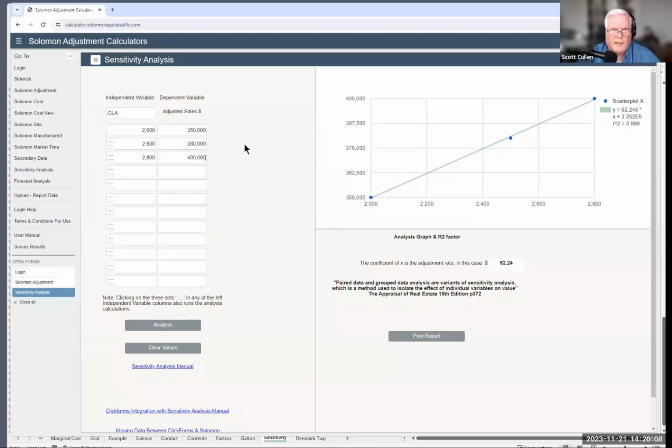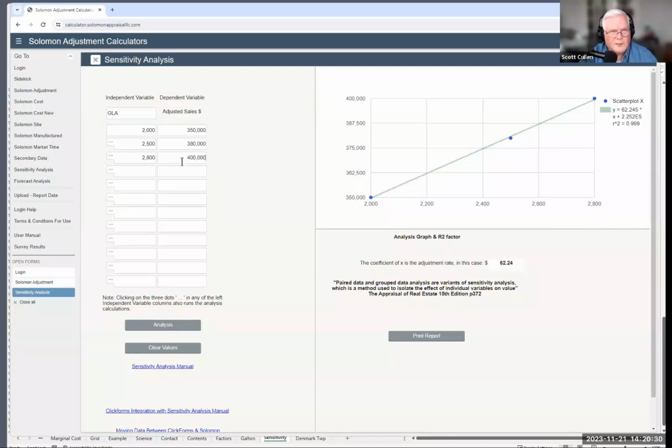Now, there's a related tool to sensitivity analysis. It works by doing a scatter plot. The way this one would work is you would take $62.25 times the number of square feet plus $225,000. That's scientific notation to get the value of any house.